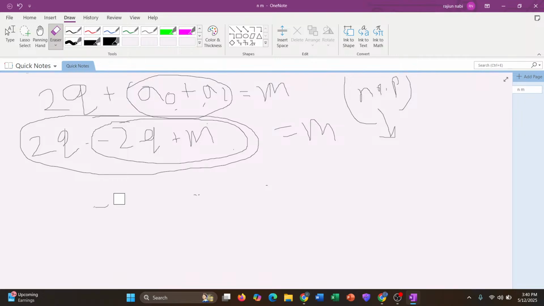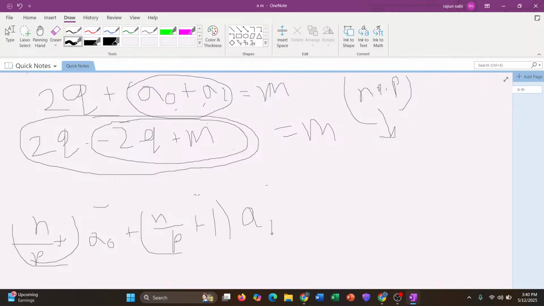First it will be n divided by p plus 1 times a0, plus n divided by p plus 1 times a1, plus n divided by p times a2.